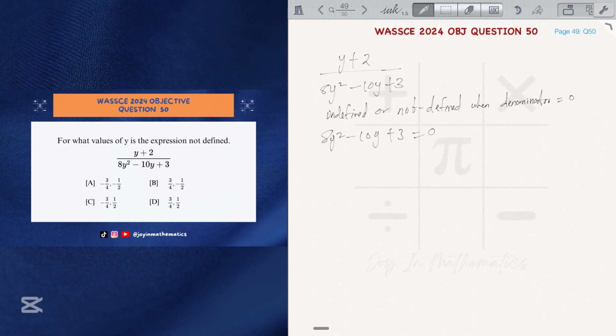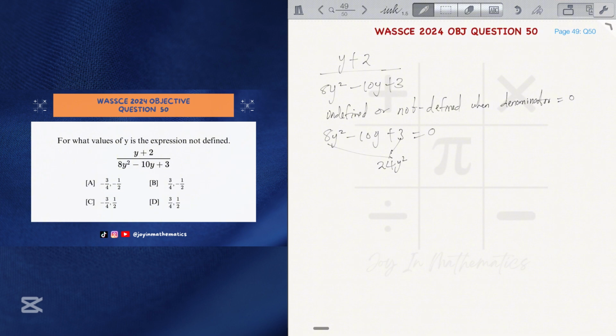Now all we have to do is to factorize this quadratic expression. You can choose to use the quadratic formula to solve this, but let's factorize. So 8y squared minus 10y plus 3 is equal to 0. We have to look for two values such that when we multiply them together, we will have 24y squared, and when we add them together, we will have minus 10y.